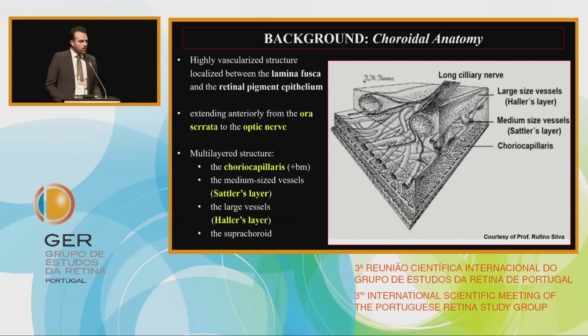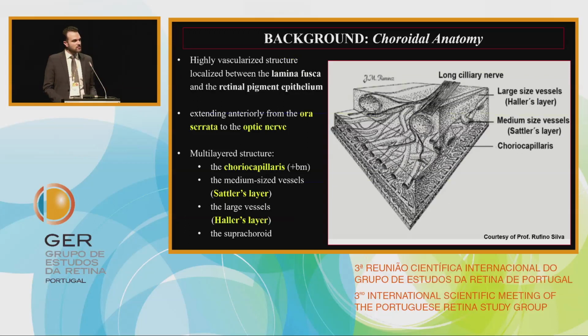So the choroid is a highly vascularized structure localized between the lamina fusca and the retinal pigment epithelium, and it extends anteriorly from the ora serrata to the optic nerve. It's a multi-layered structure composed of the choriocapillaris plus its basal membrane, which is one of the parts of the pentalaminar Bruch's membrane.